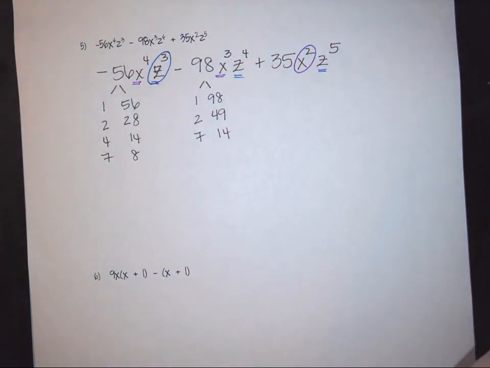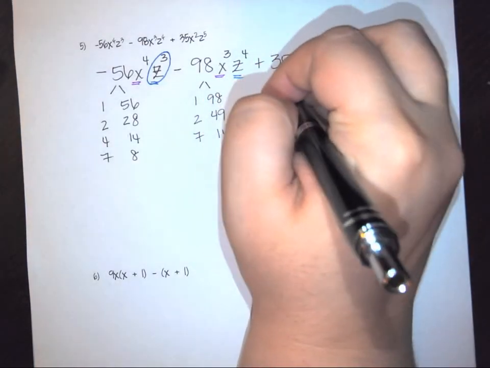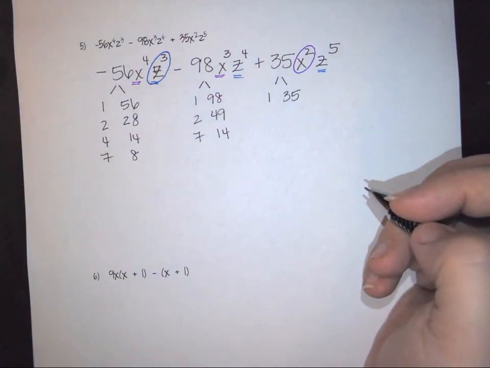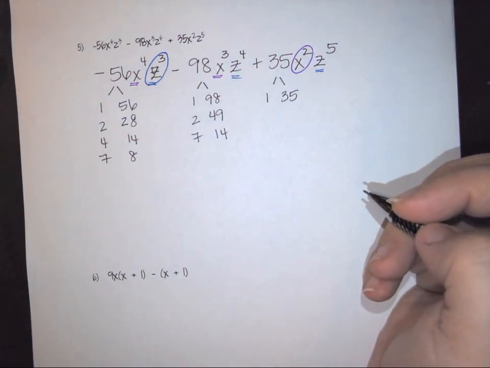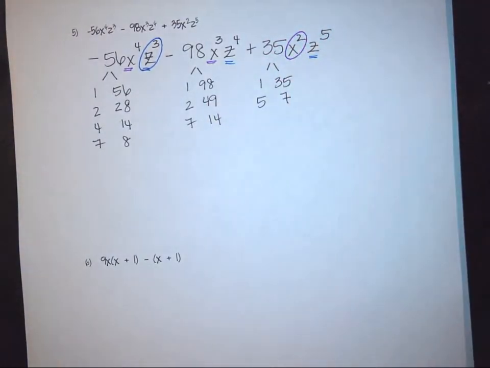I think that about does it for that one. And then with 35, I have 1 and 35. And then I've got 5 and 7.